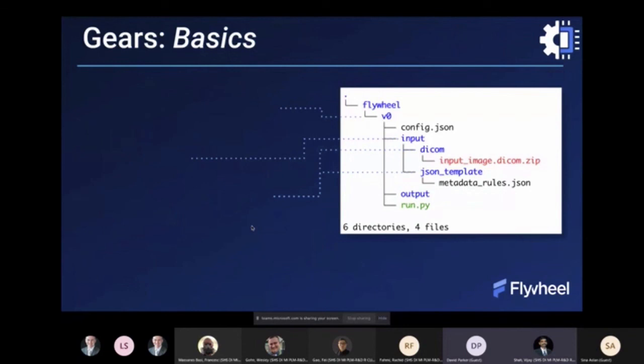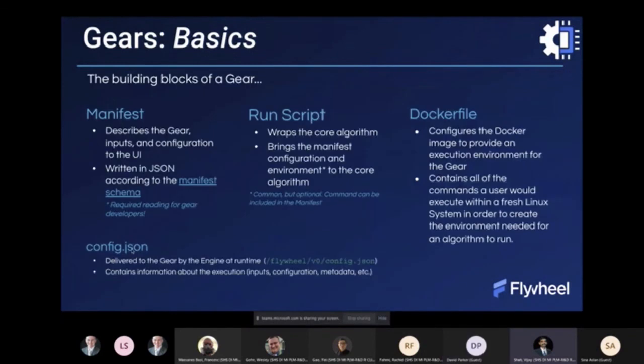Quick question. Before, if I heard correctly, you said that we need the Linux compatible library files. Is that true? If we have something that's on Windows, can we use it or we can't use it? Well, the issue comes down to what Docker images are supported by Flywheel.